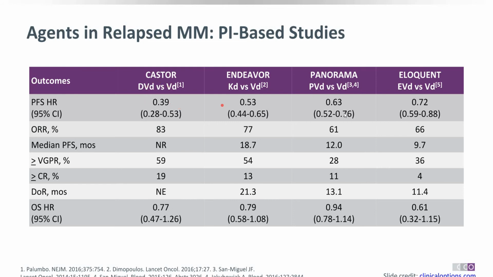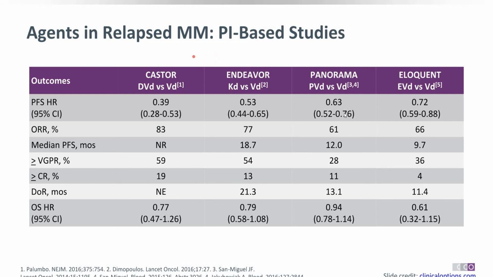In the sense that if we see the Endeavor update, Veldexa versus carfilzomib Dexa, at least over here they are showing good response, but in the latest long-term update of the Endeavor trial, I think there is not much difference between KD versus Veldexa.